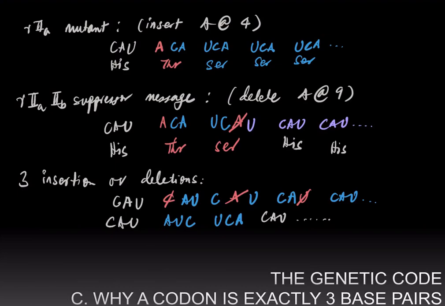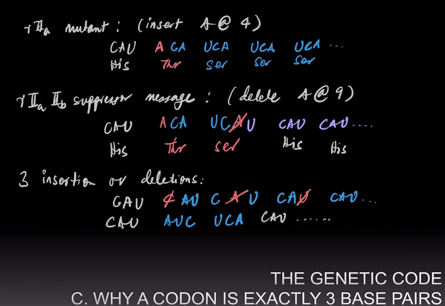And this is only possible if the codon were exactly 3 base pairs long, since if the codon were 4 base pairs long, let's say, then 3 deletions or 3 insertions, or a combination of 3 insertions and deletions, would still cause a frame shift mutation.